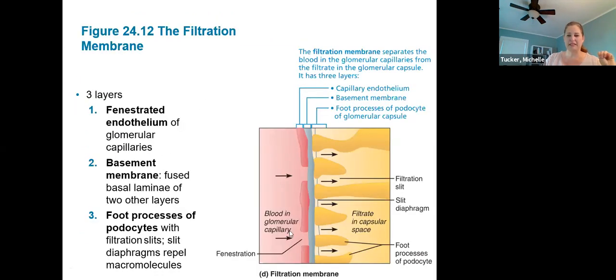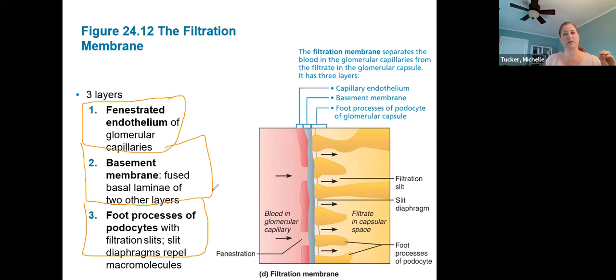Those 3 layers are going to be the fenestrated endothelium of the glomerular capillaries, plus a basement membrane, plus the podocytes.